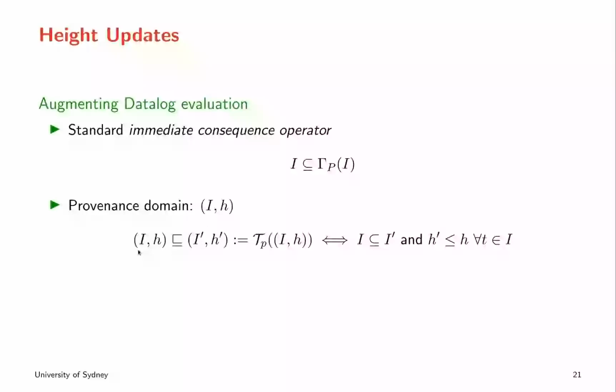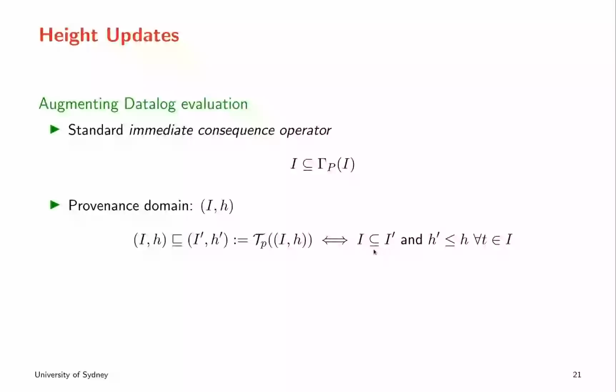So if we say this is our original instance, and I prime and h prime is the resulting instance after applying some provenance consequence operator, then we say that the original instance is less than the resulting instance if the set of tuples in the original instance is a subset of the resulting set of tuples.